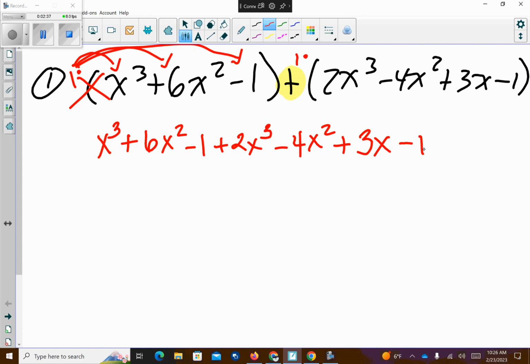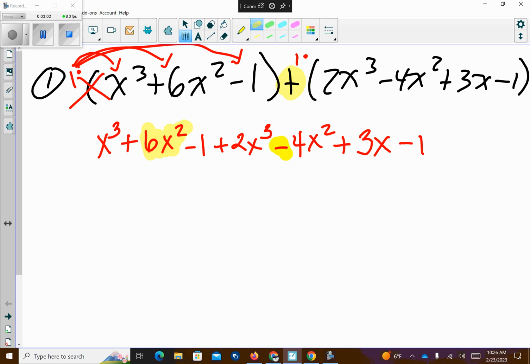Can someone tell me what combine like terms is? It's like combining terms that have something in common. So if it's something in common, what are some like terms that are in common for this one? 6x squared, good.